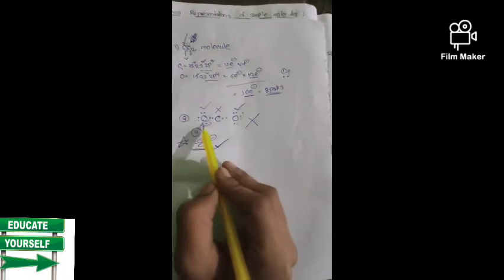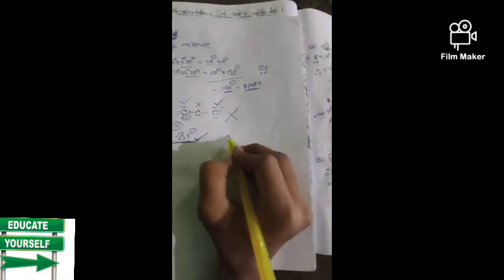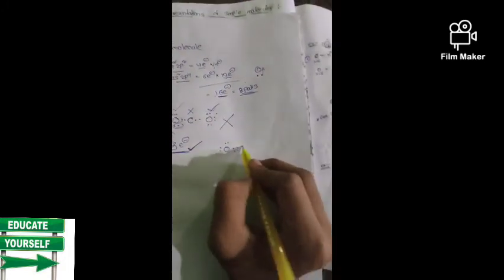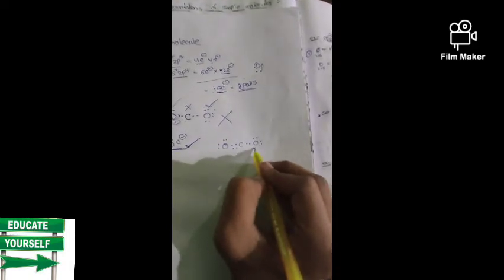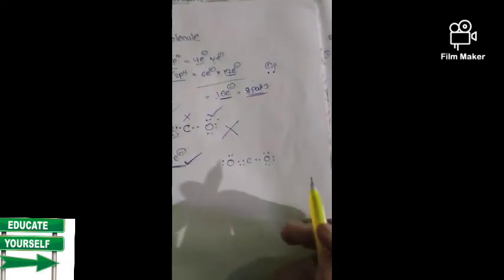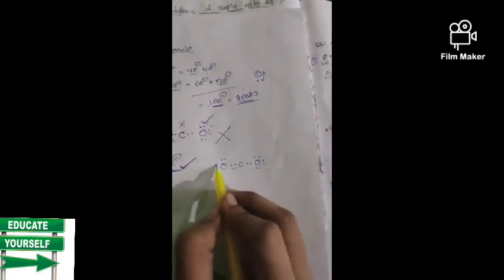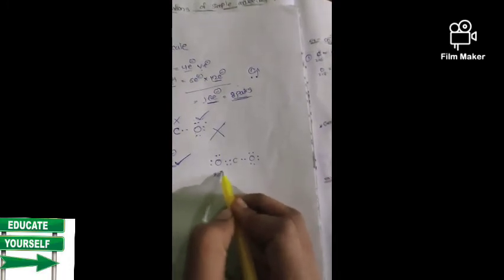Now let us share this pair to here. After sharing, we get the structure like this, with carbon in the center and oxygen on the sides. Now let us count the electrons again. For the oxygen atom, 1, 2, 3, 4, 5, 6, 7, 8. 8 electrons are there, so it got octet configuration.